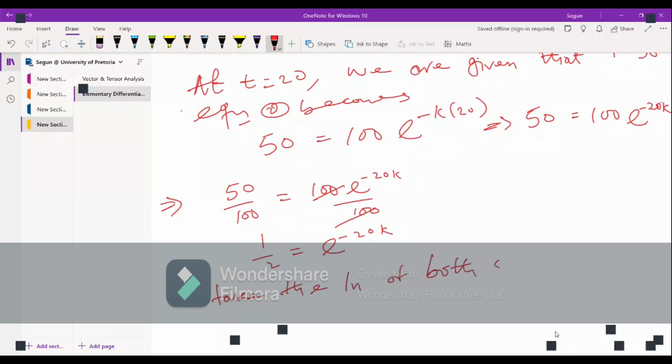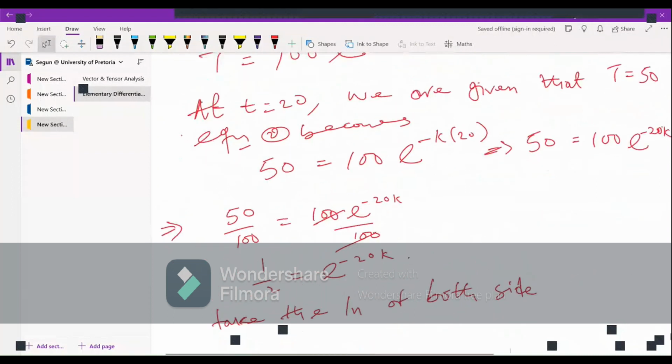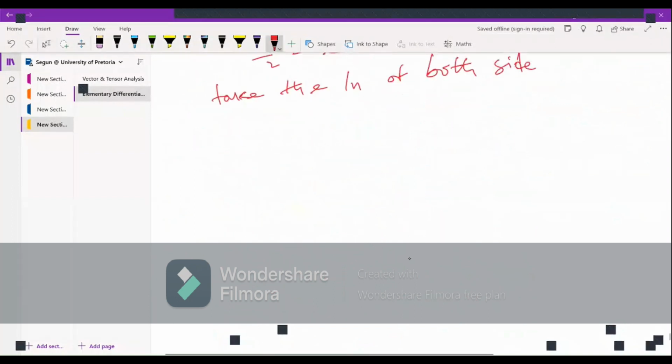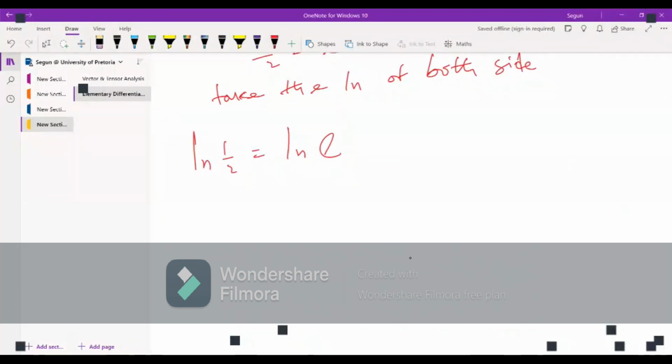So ln of 1 over 2 equals to ln of exponential minus 20k. The ln cancels the exponential, you have ln of 1 over 2 equals to minus 20k.